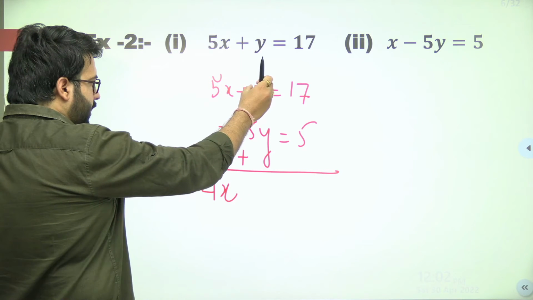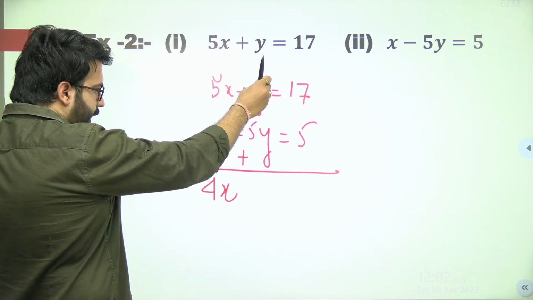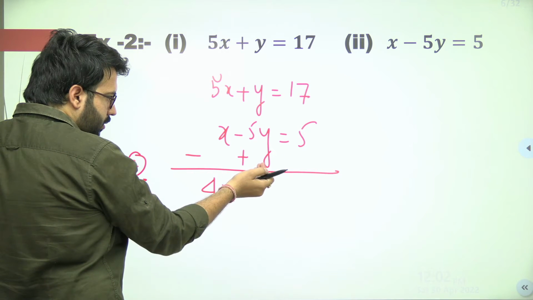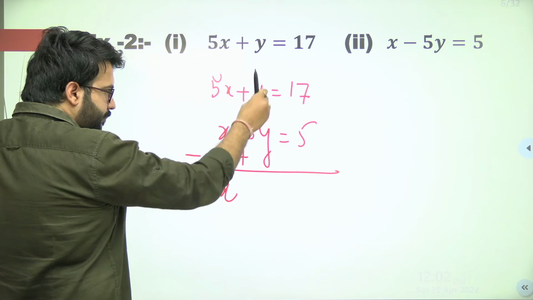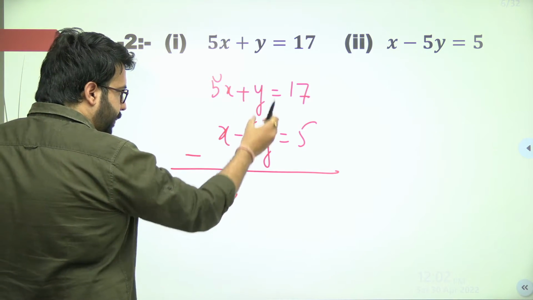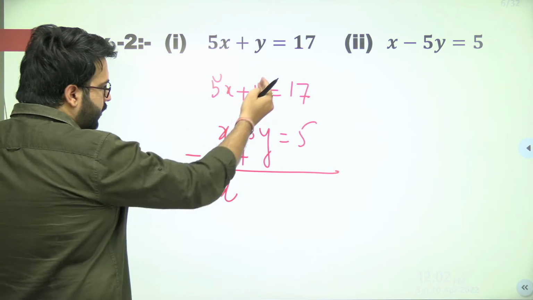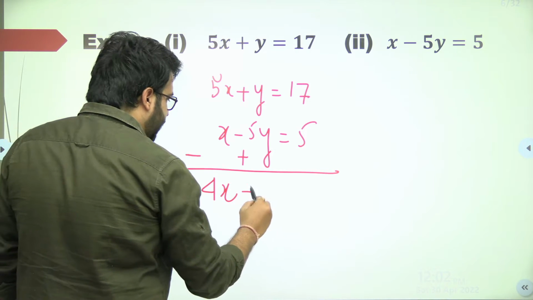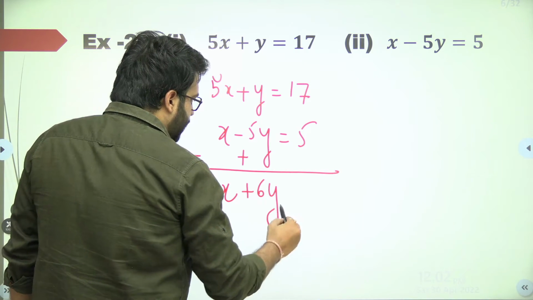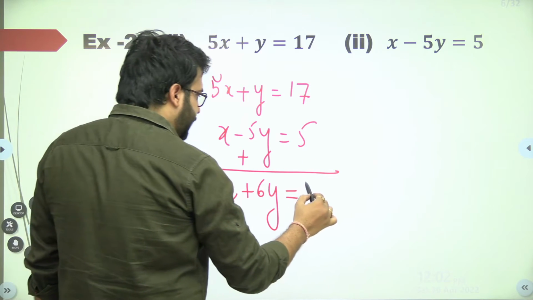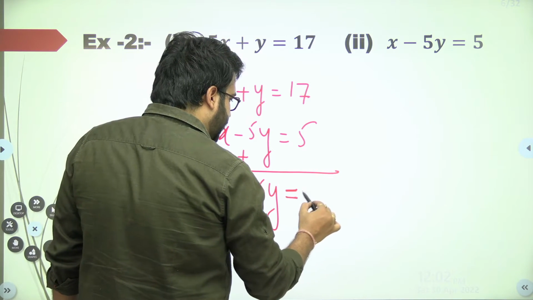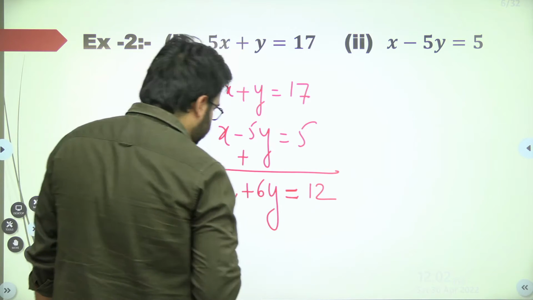If you subtract minus 5y from y, what will you get? y plus 5y, that means 6y. And 5 subtracted from 17, you will get 12.